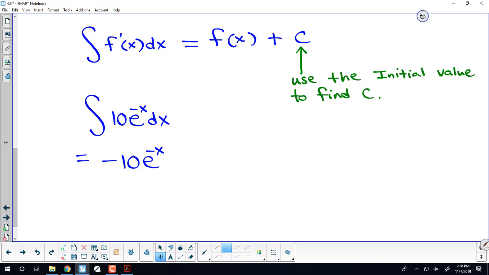So this is like the one on your formula sheet, but a is equal to negative 1. A times e to the ax, negative 1 times e to the negative 1x. Plus c, right? I take an antiderivative, we get this generic constant. So that's the antiderivative of our derivative. We see that we have f of x plus c.